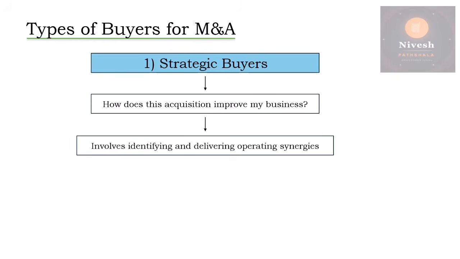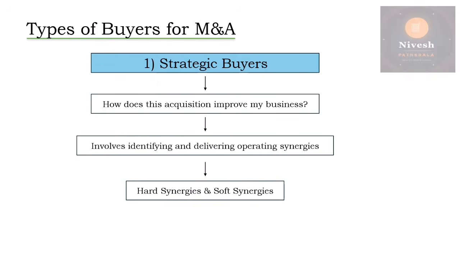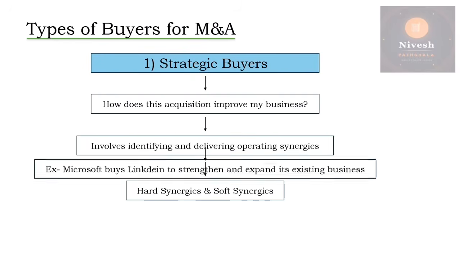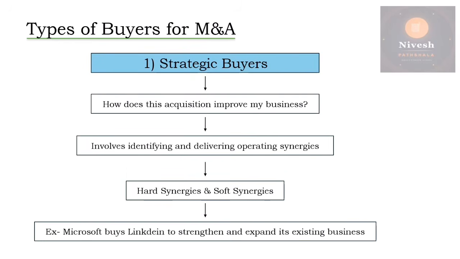It involves identifying and delivering operating synergies like hard synergies and soft synergies. For example, Microsoft bought LinkedIn to strengthen and expand its existing business. They think about whether their company will improve after that acquisition. These are called strategic buyers.